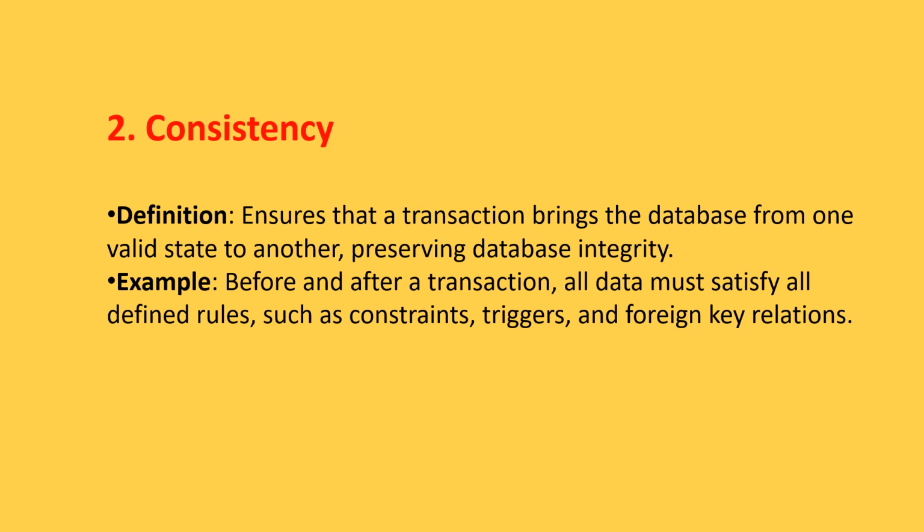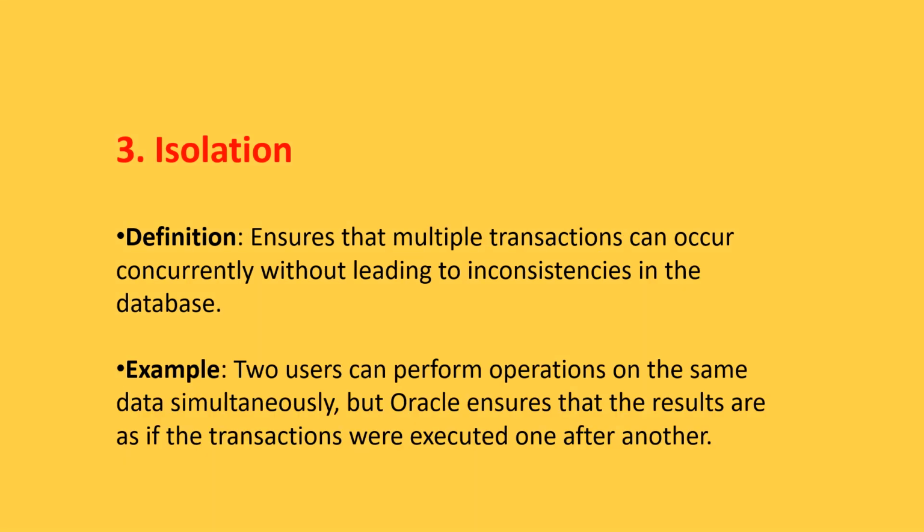Okay. Next one, isolation. Isolation, the name itself says we are isolating. What are you isolating? Transactions. We do multiple transactions concurrently or simultaneously. One transaction should not impact the other transaction, without leading to any inconsistency in the database.